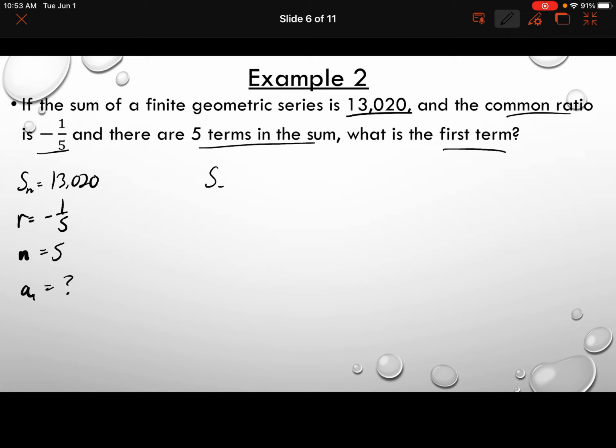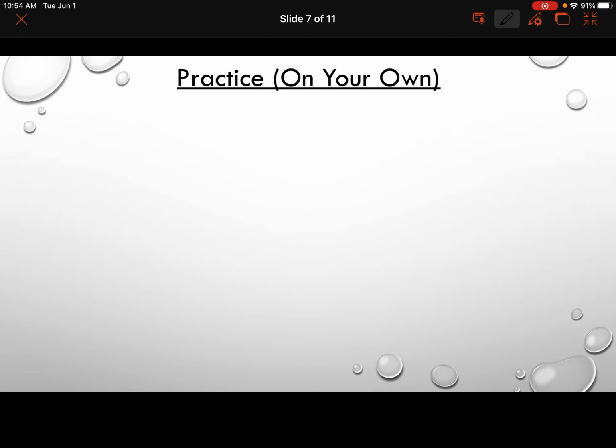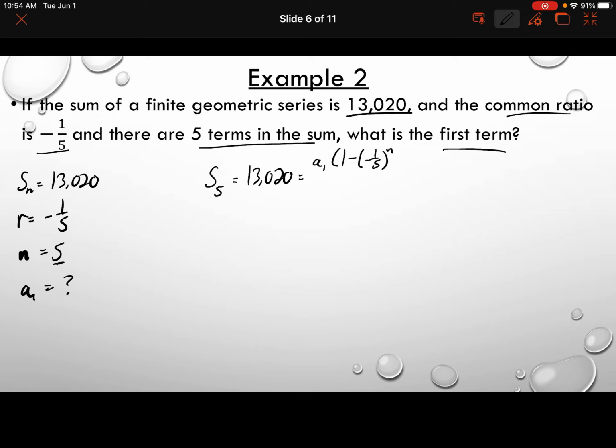So let's set up our formula. S sub 5, because we're doing the sum of the 5 terms, is equal to 13,020, which is equal to a sub 1, which we're trying to solve for, times the quantity 1 minus negative 1/5, which I am going to put inside of parentheses, as you can see. It's a good idea whenever dealing with fractions to use parentheses, to the n power.